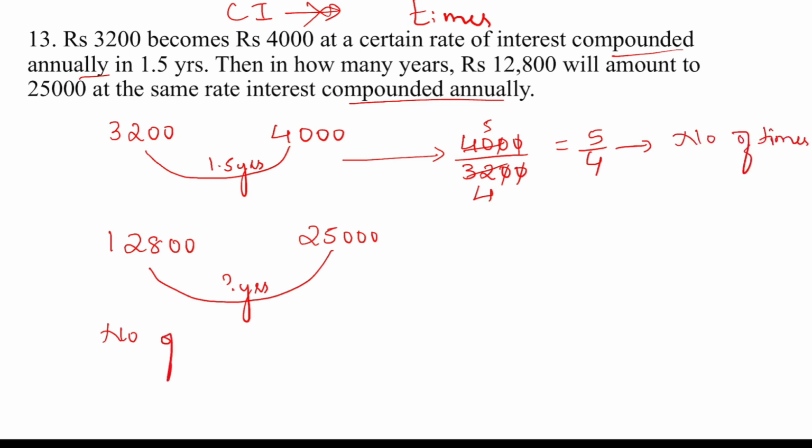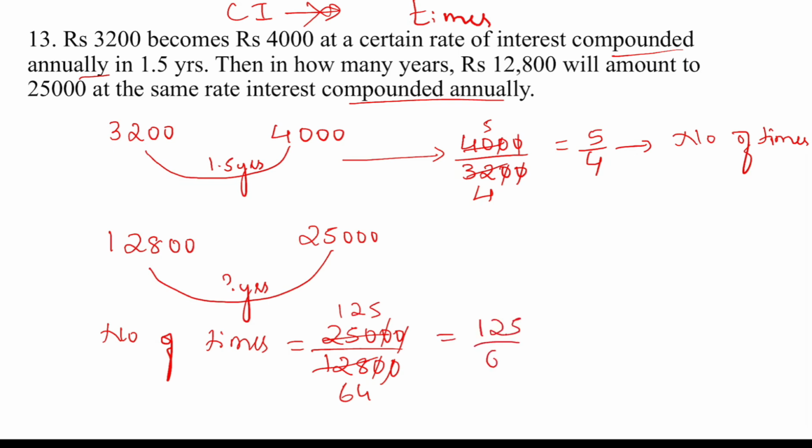So to find out the number of times here, again what we have to do, 25,000 divided by 12,800. So the zeros cancel. So it is 2 6s are 12, 2 4s are 8, 2 1s are 2, 2 2s are 4 and 2 5s are 10. So it is 125 by 64.